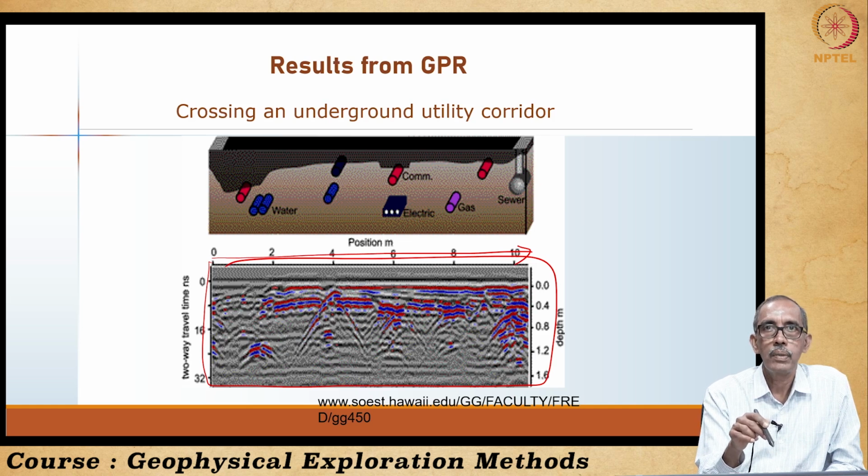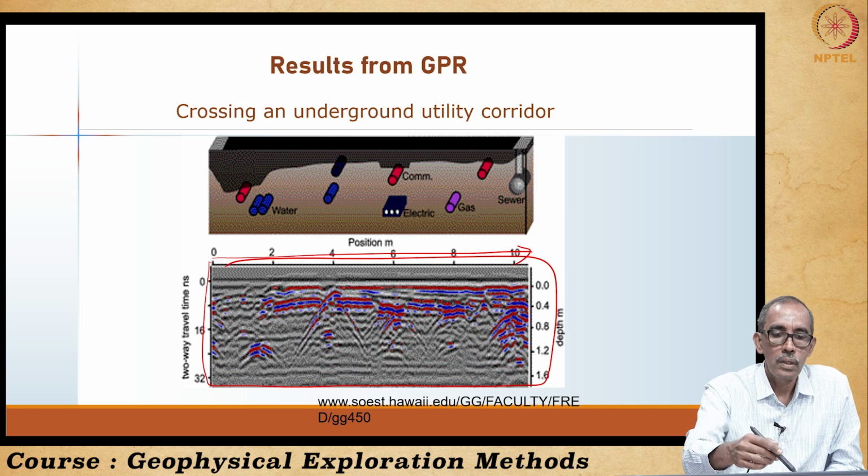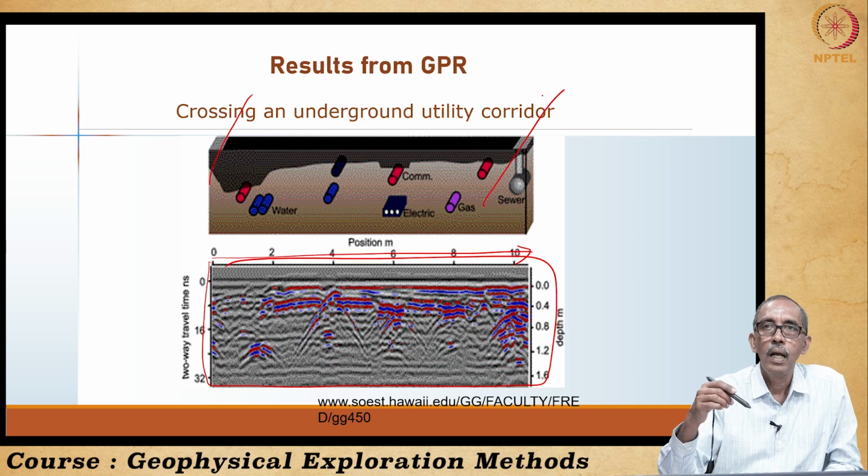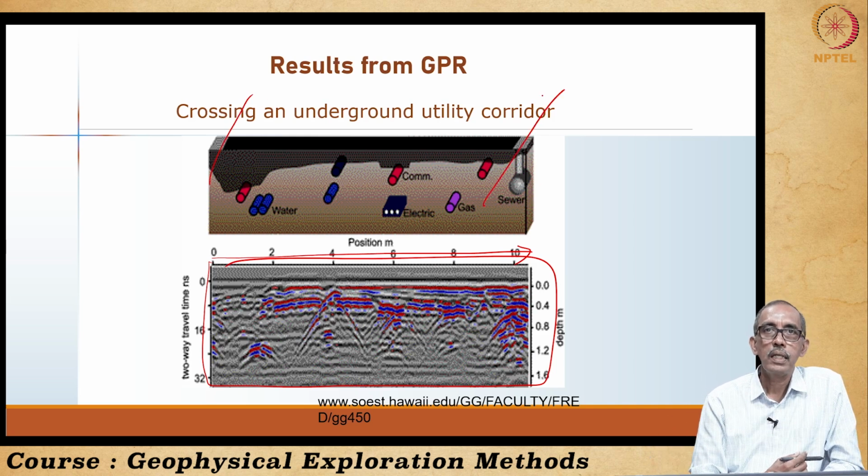This is what I was mentioning previously. On the sides of the roads, we may have to dig, or we may have to dig across the road to provide some connectivity, to check what utilities are running across or running beneath the surface parallel to the road. So, this is a road. There can be several utilities under that.